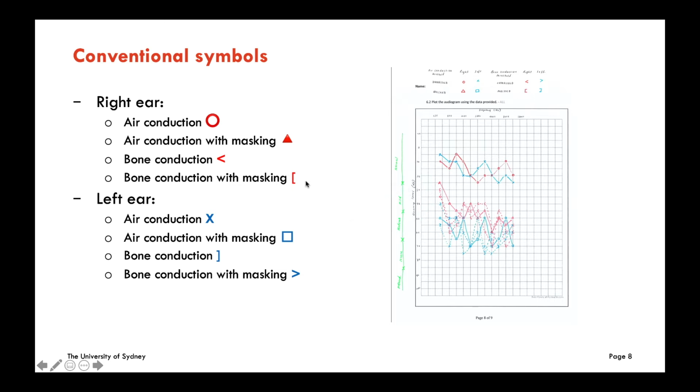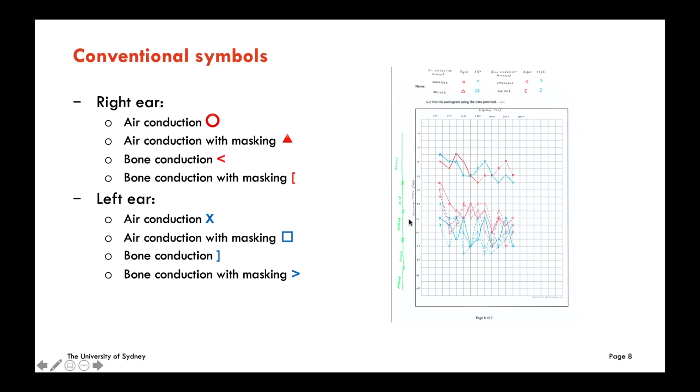So this is also accurate. However, on the left ear, when you do unmasked, it's the greater than sign. So forgive my typo. It should be the greater than sign for bone conduction, and the closing bracket when you do masking, as Georgette has correctly pointed out.